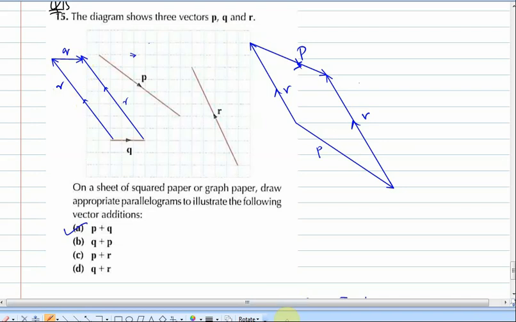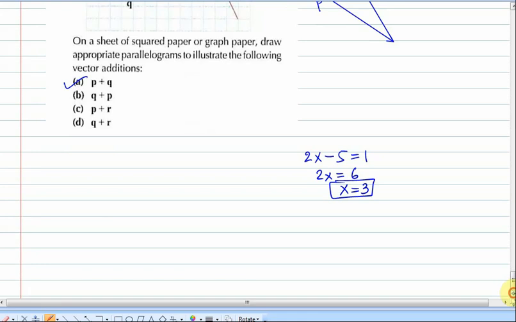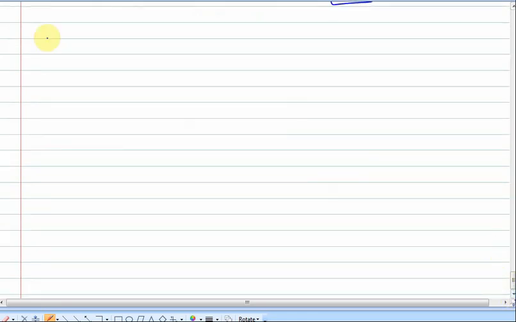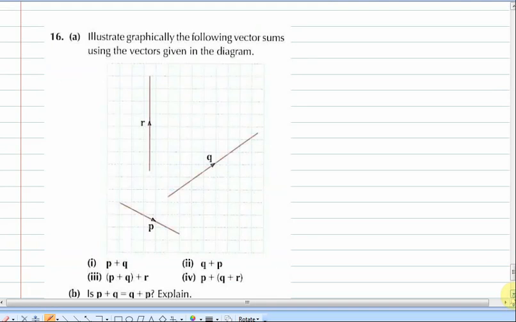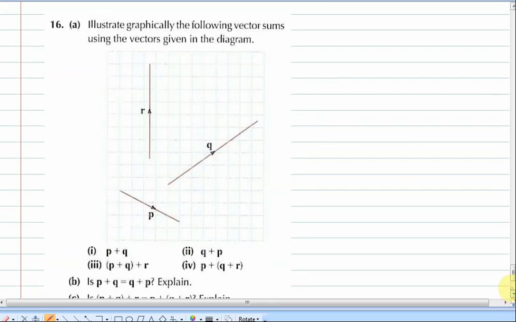Right? Alright. Now after question number 15, moving on to the last question of today's class, question number 16. Illustrate graphically the following vector sum using the vectors given in the diagram: P plus Q. Now you need to add P plus Q graphically.